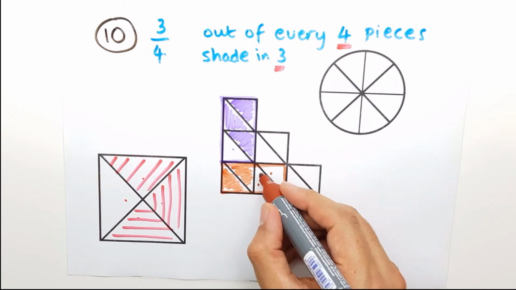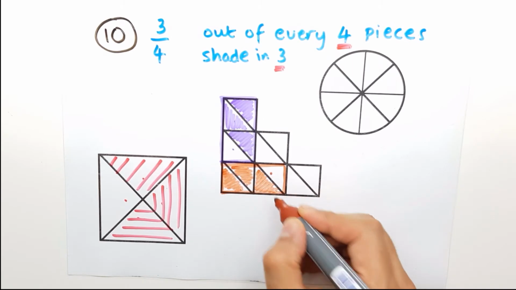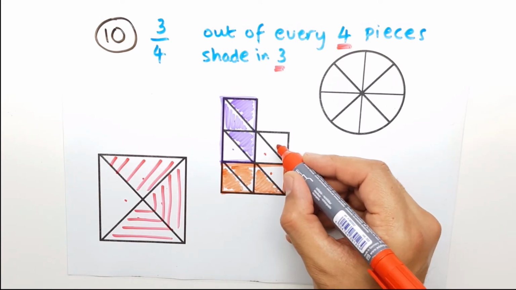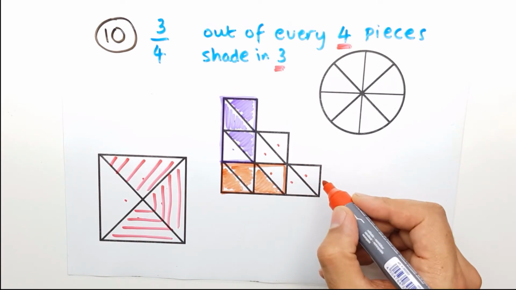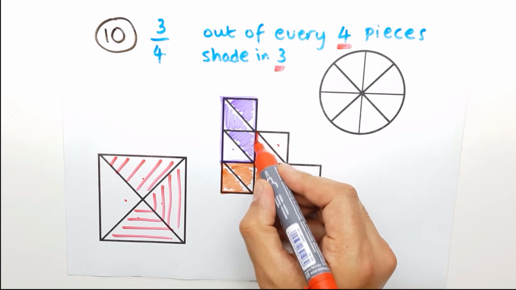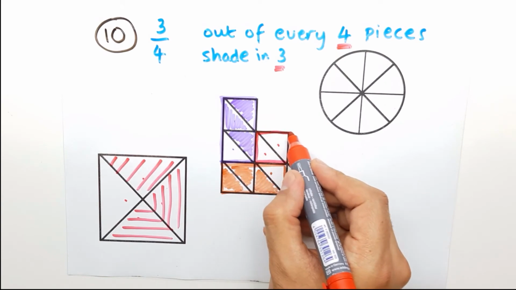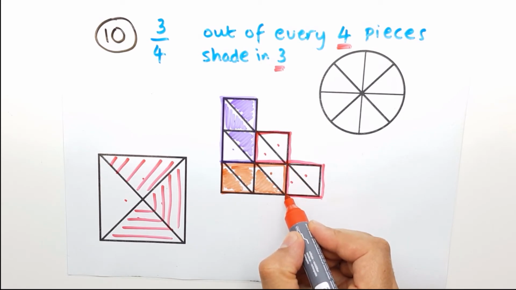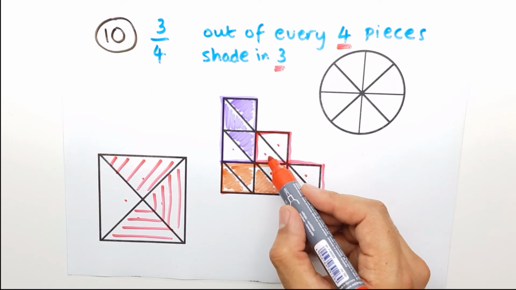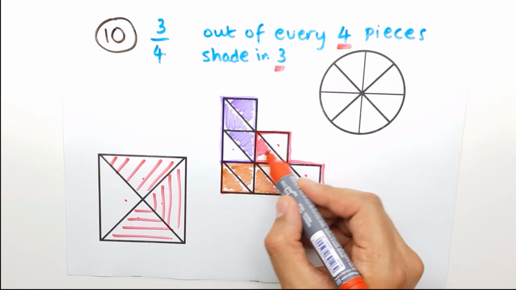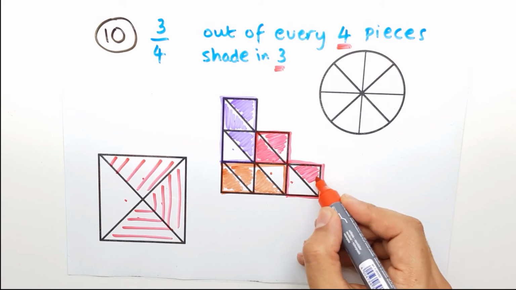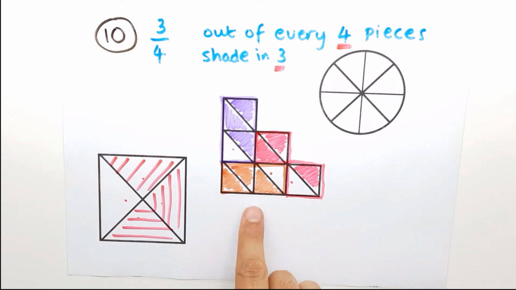1, 2, and 3. And finally, I've got 1, 2, 3, 4 pieces that I've not looked at. So let me just draw a border around these so I can focus on that. So I need to shade in 3 of these. So 1, 2, and 3. So I've now shaded in 3/4 of this diagram.